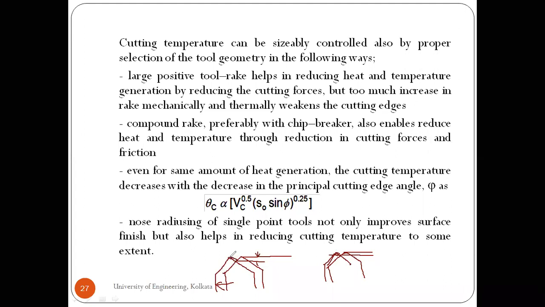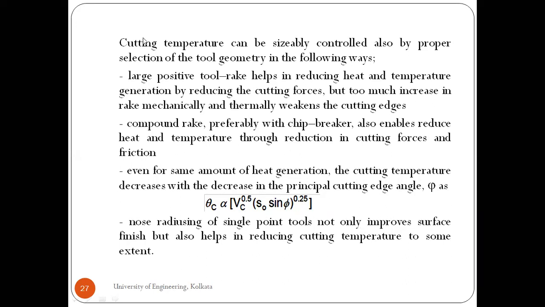So an increase in the nose radius reduces the surface roughness. So surface roughness and also the cutting temperature is reduced when we consider the nose radius. Definitely, if you increase the nose radius more, then it will be a flattened surface and the material will not be removed. Again, an optimum value of the nose radius should be selected, so that has to be considered. Anything which you are doing, you should consider the optimum value.